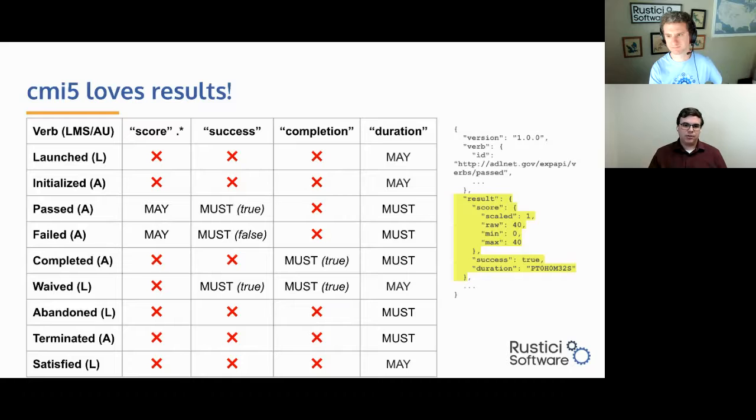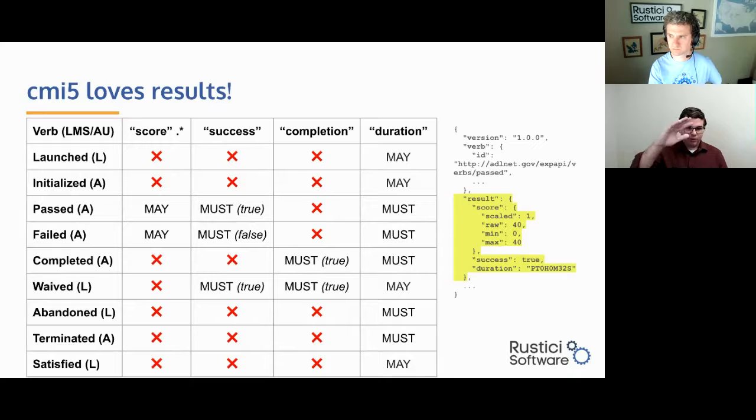There's a success field, there's a completion field. Completion's not in here because I'm using a passed verb. And if we look at the chart, if you're using a passed verb, you're not allowed to have the completion field. So I kept myself honest, even though it meant I couldn't show you the completion field in this slide. And then a duration, which is just how much time has passed, in whatever that means to you, the course author, as of the point we generated this piece of data.